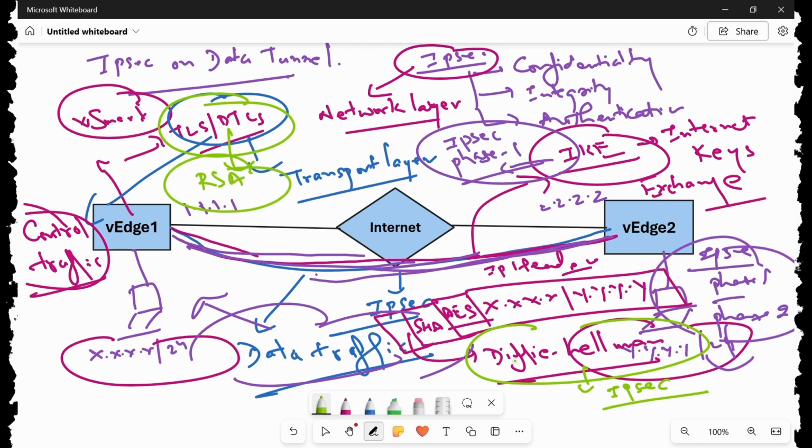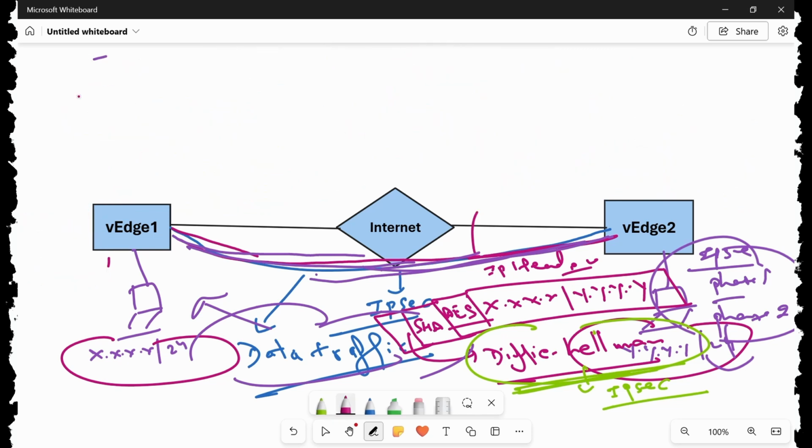So here we came to know a difference: for the control connection or control tunnel, the algorithm used for the key exchange is RSA, and for the data traffic or the data tunnels, or you can say the IPsec tunnels, we will use the Diffie-Hellman algorithm for the keys exchange.